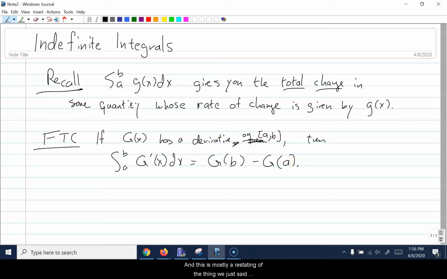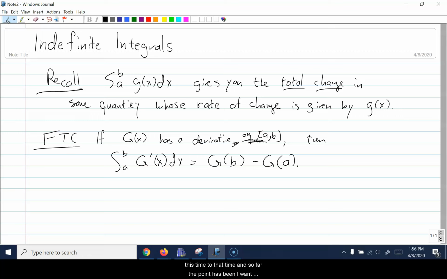This is mostly a restating of what we just said, where we know the rate of change, the derivative of something, and we can integrate it with a definite integral to get the total change in that thing over a period of time. Integrating from here to here tells you how much it increased or decreased from this time to that time.